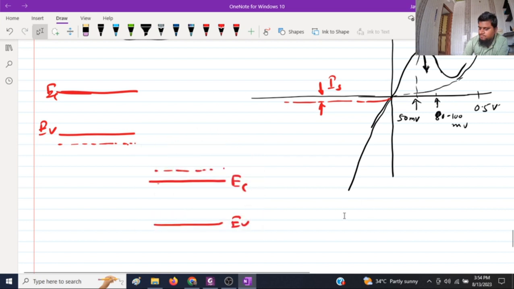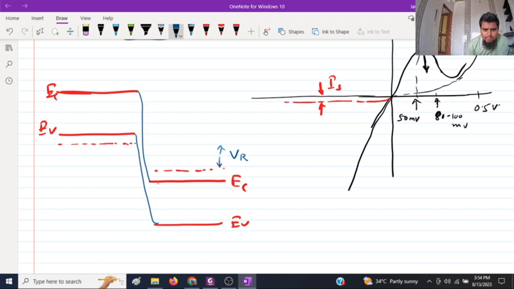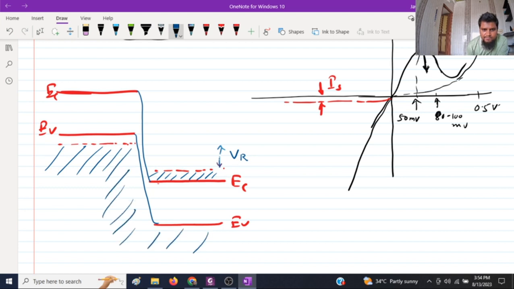Okay, this situation. So now there is a reverse bias of this much amount. In that case, if you see, these areas are filled with electrons. These areas are also filled with electrons, right?